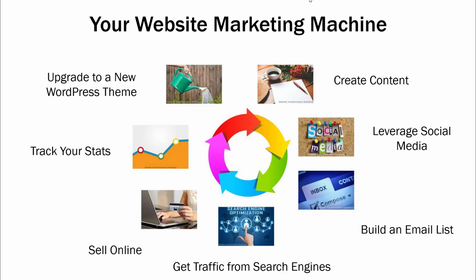And the reason why I have this in a circle, right, is because once you have a website up, like in the website creation workshop, I teach you step by step how to build your website. But once your website is up, you want it to turn into your marketing machine, and so it kind of goes in a circle. So you don't have to do it in a specific order.